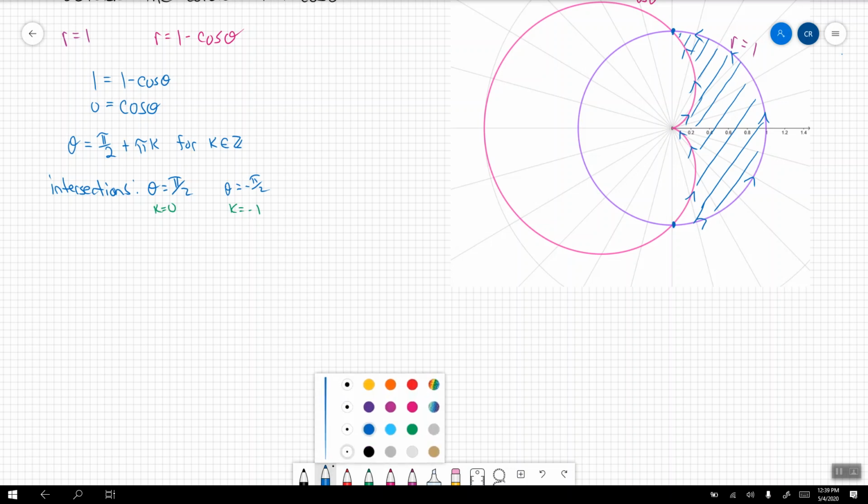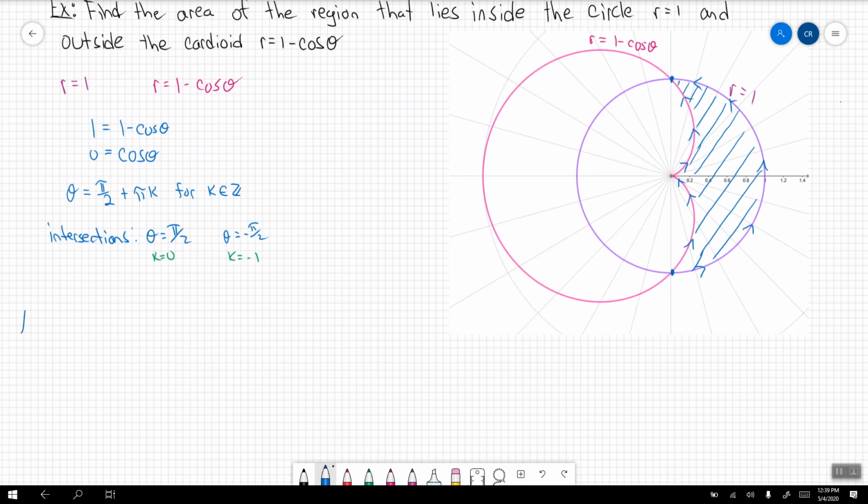To write this specific integral, I need to find the area here, and this area is bounded by negative pi halves to pi halves. I'm going to do the outer function minus the inner function, so radius 2 minus radius 1, or radius 1 minus radius 2, however you want to see it, but it's the outer radius minus the inner radius.